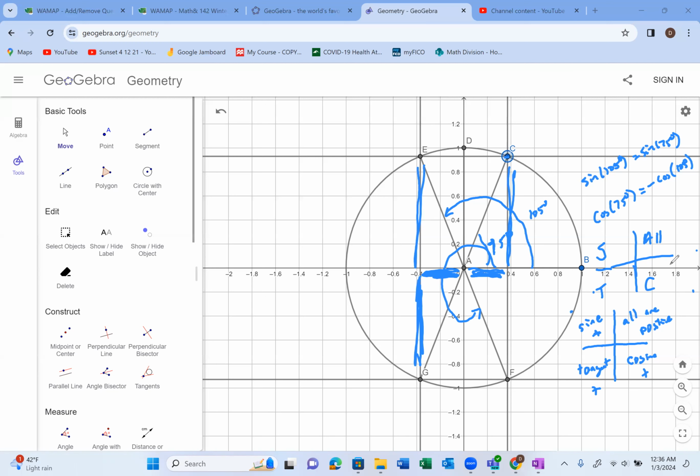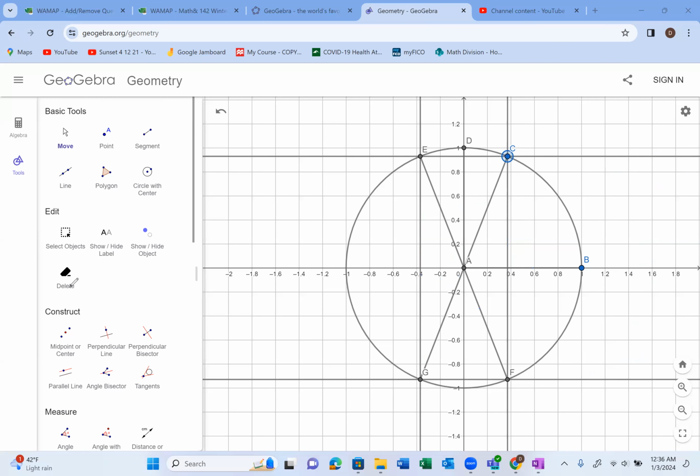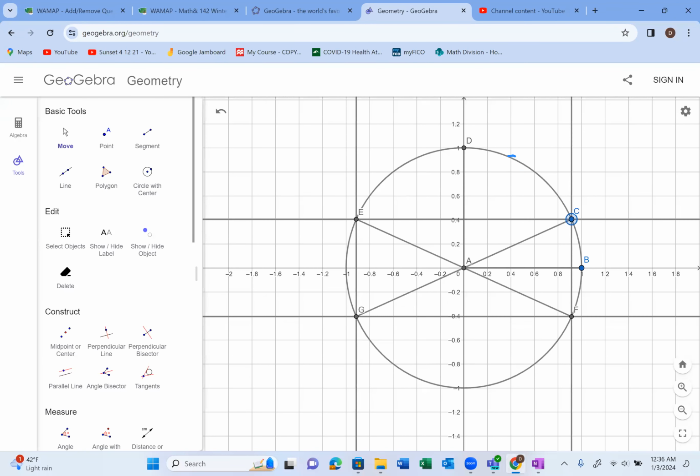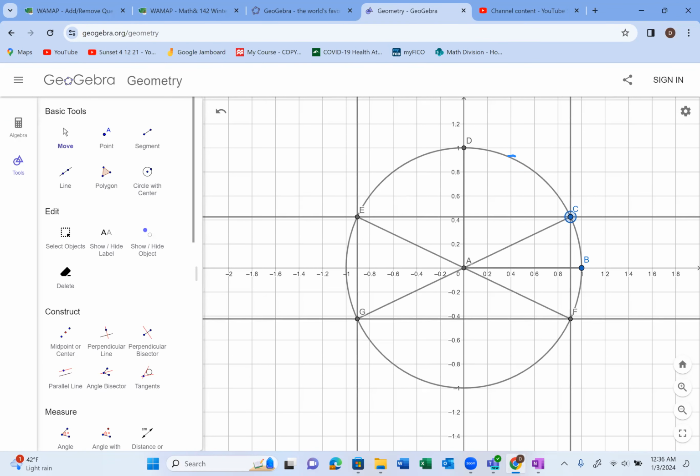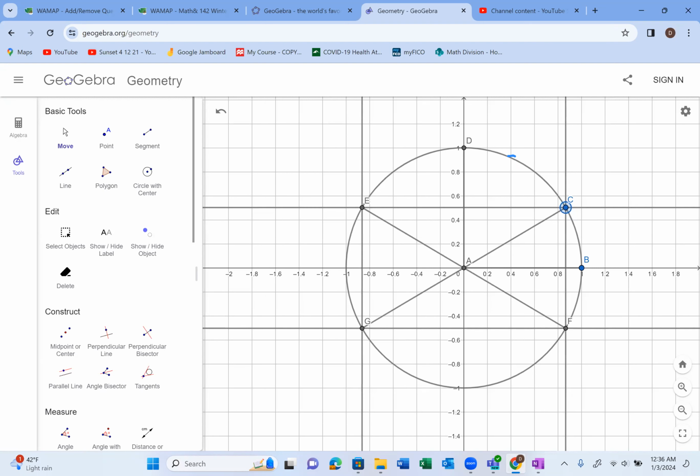If I take a 30-degree angle, let me move this back down to 30 degrees or something approximately 30 degrees here. Let's see, the y-coordinate would be a half at 30 degrees.